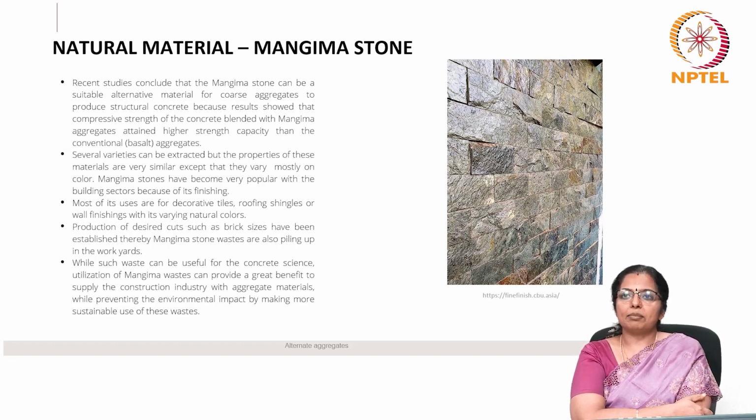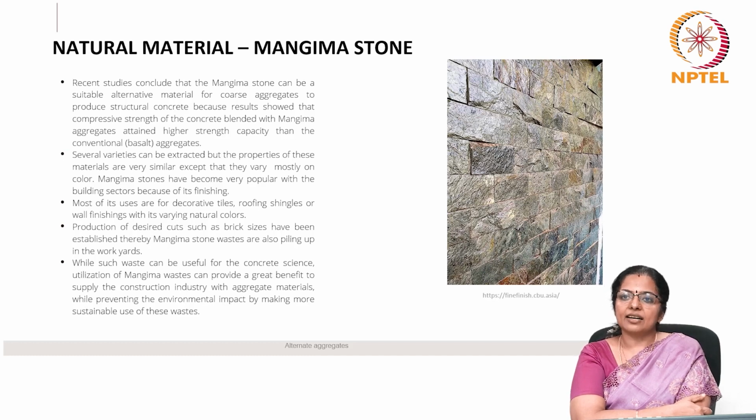Several varieties can be extracted, but the properties of these materials are very similar except that they vary mostly on color. Mangima stones have become very popular with the building sectors because of its finishing. Most of its uses are for decorative tiles, roofing shingles, or wall finishings with its varying natural colors.